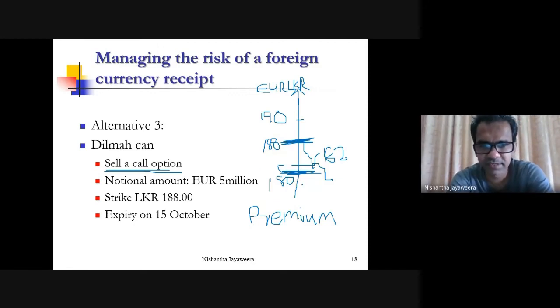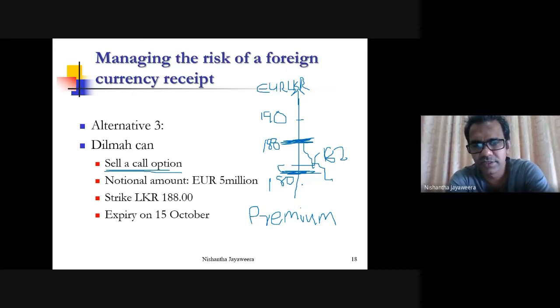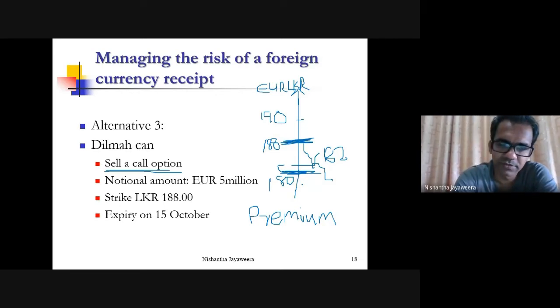But as I mentioned, whatever solution you select, first you have to analyze your situation and analyze the market. Come up with a justifiable view on the market, then enter into the transaction, considering all the alternatives and which gives you the best outcome as per your views and the market conditions.